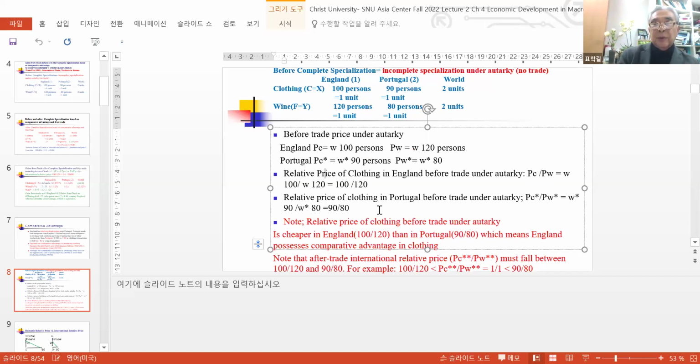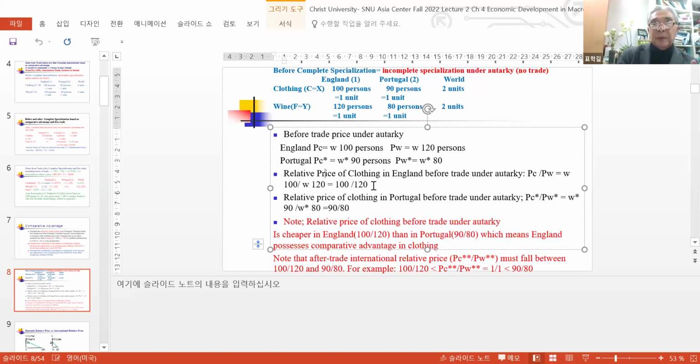The relative price of clothing in Portugal before trade under autarky is PC star divided by PW star, W star times 90 divided by W star times 80, that is, 90 divided by 80. Please note, the relative price of clothing in England before trade is lower than the relative price of clothing in Portugal before trade, which is 90 over 80.